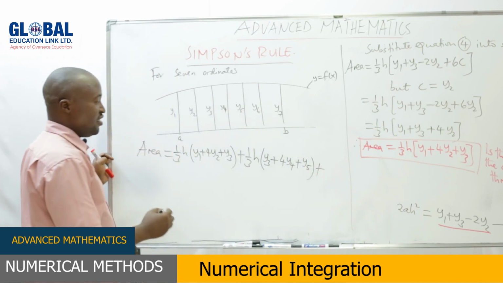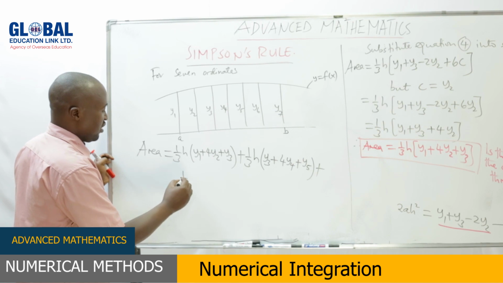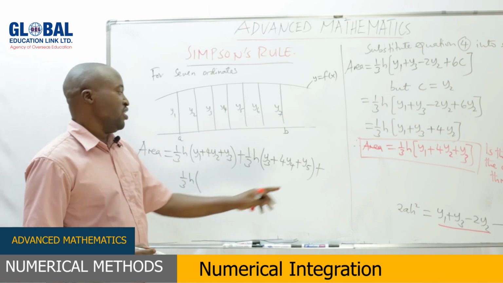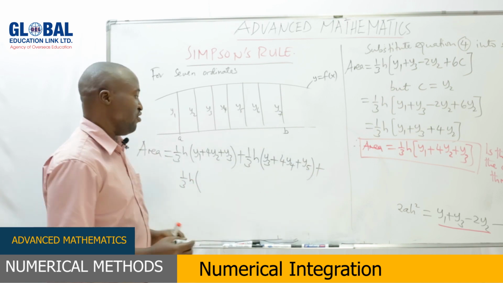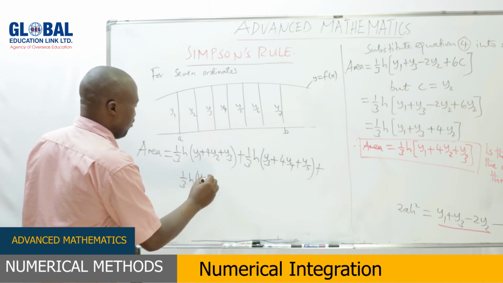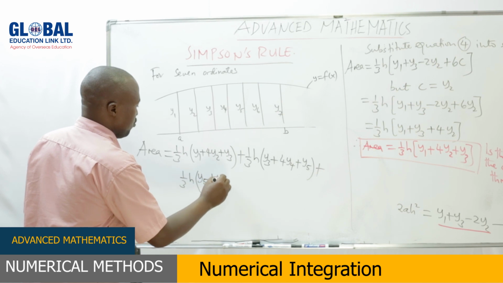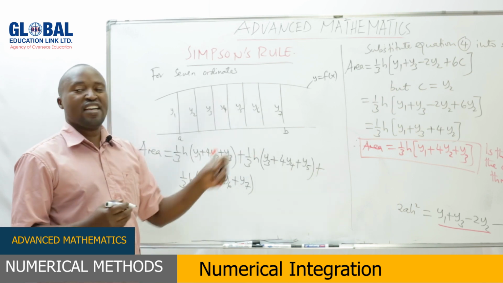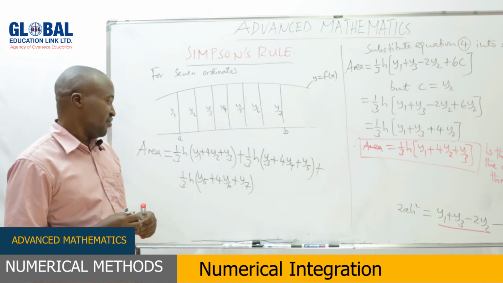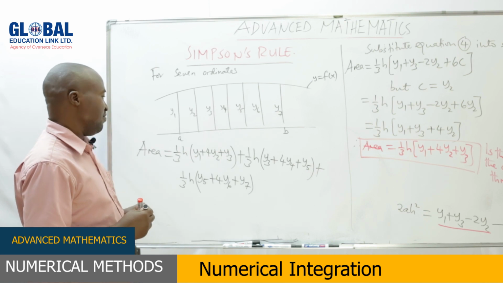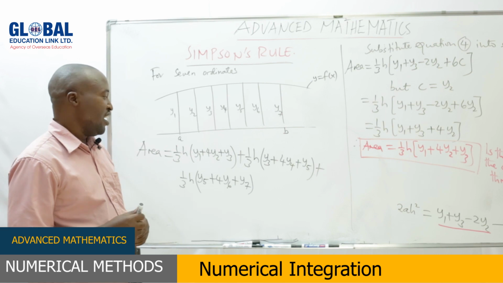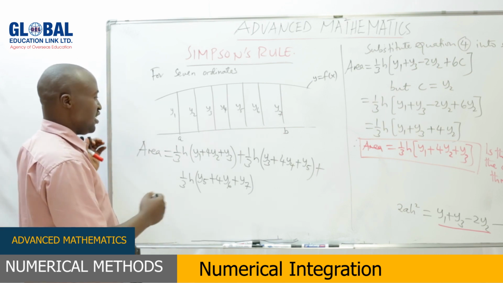Then again, plus 1 over 3h bracket of, now we ended with y5, so proceed with y5 plus 4y6 plus y7, which is our last ordinate. Now in this case, we open up the bracket and collect the related terms.